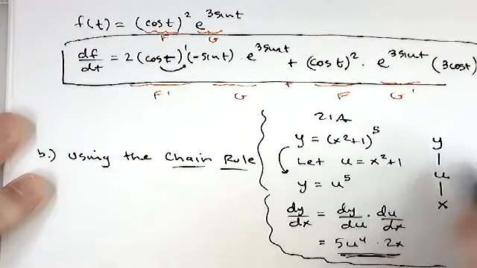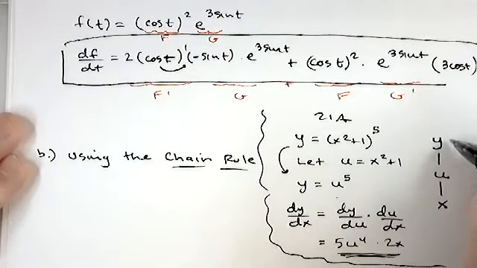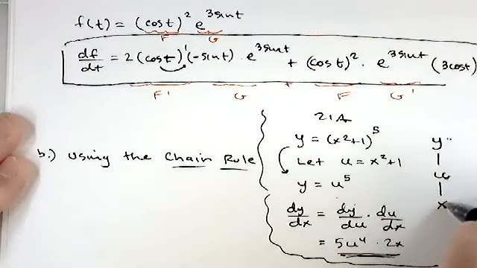And one way you could describe this chain rule is you could say, if I want to take the derivative of y with respect to x, if I want to go from here to here, I have to first go through this path. This is dy du, that's this one, and then multiply that by du dx. So dy du times du dx. That's how I find dy dx.